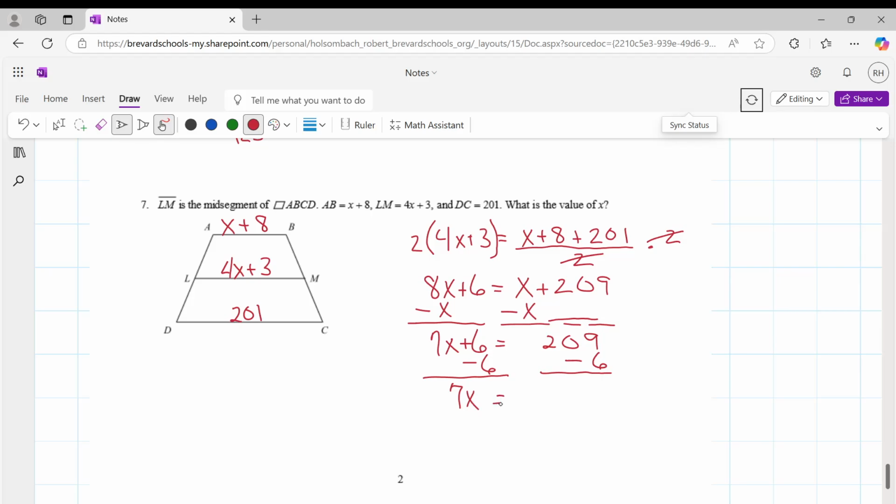So the 7x is equal to 203. And then divide both sides by 7. And our x is equal to 29.